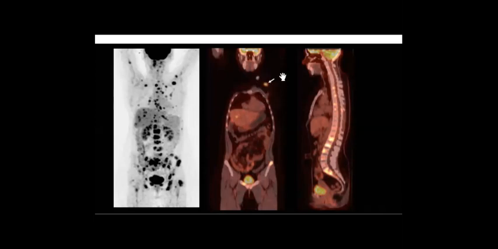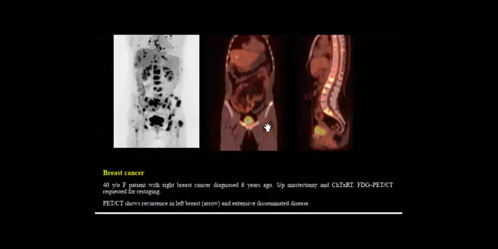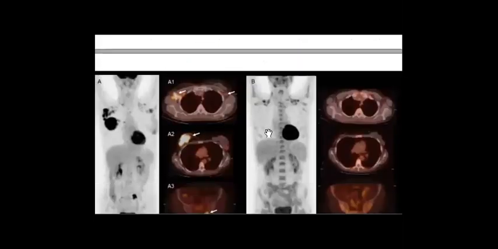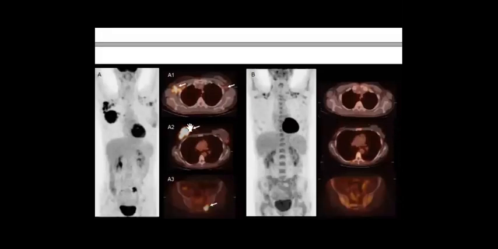And if it is metastasis, it could be breast cancer, yes. Yes, breast cancer, perfect. Okay. Again, breast cancer and metastatic where?